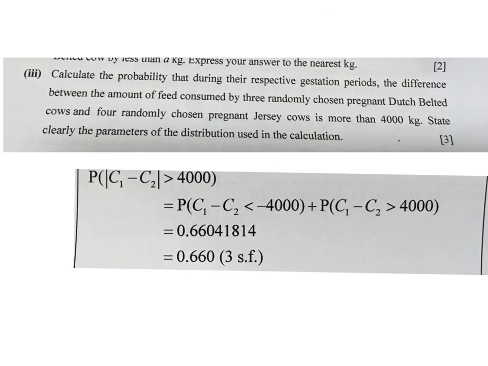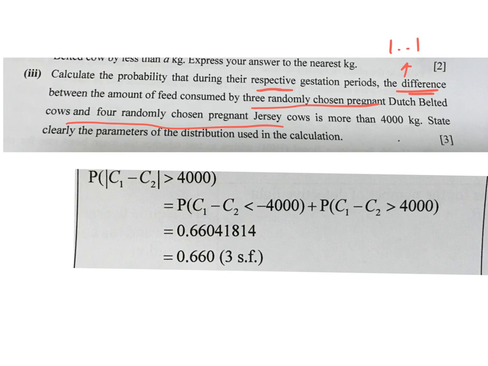Okay, last one is part 3. Find the probability that throughout the respective gestation period, the difference between the amount of feed consumed by 3 randomly chosen Dutch belted cows and 4 randomly chosen Jersey cows is more than 4,000 kg. The difference, they never say who's bigger, who's smaller, so you need to use modulus. You're doing quite a bit of work.